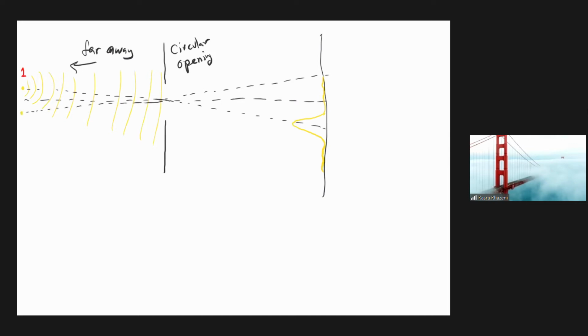And that one also is shining its light out, which comes out as spherical waves. But we're so far away that by the time it gets here, it's pretty flat. And that will also produce its own diffraction pattern on the screen.